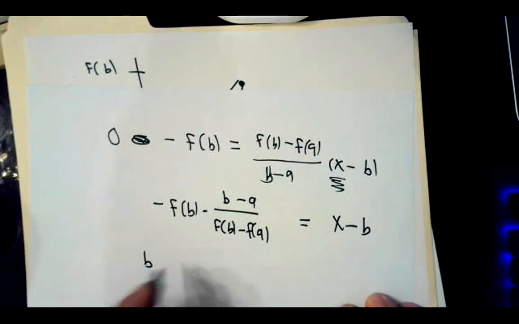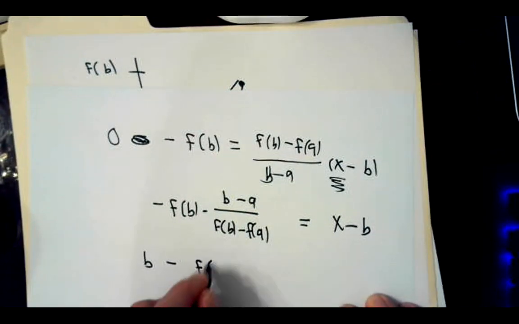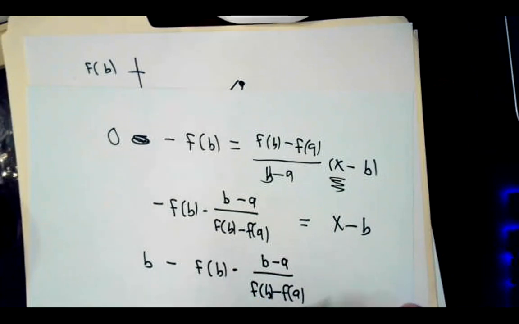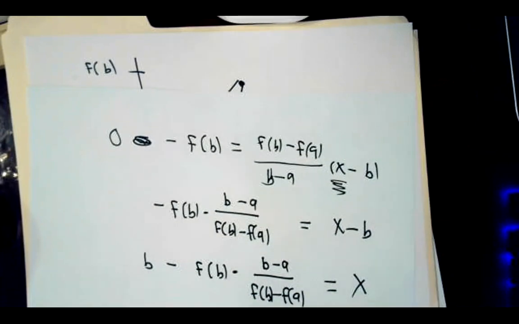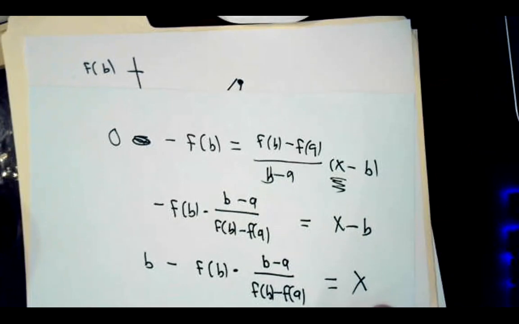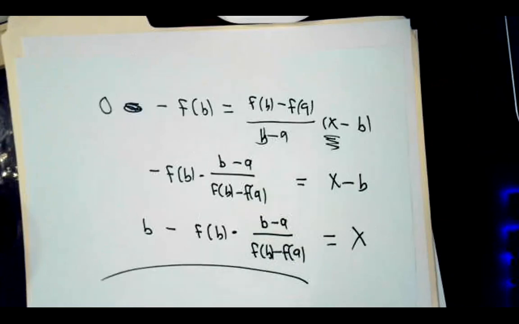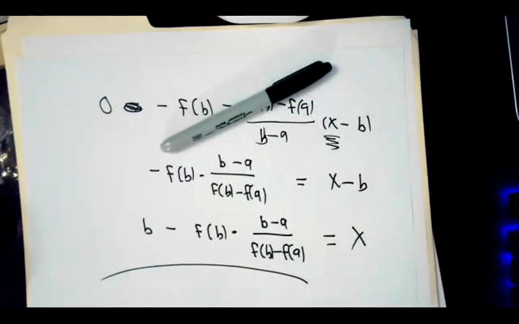That says if you add b to both sides, the x that I'm looking for is given by this formula. So I'm going to go back to my code and I'm going to take out the midpoint calculation and I'm going to put this in for the m instead.